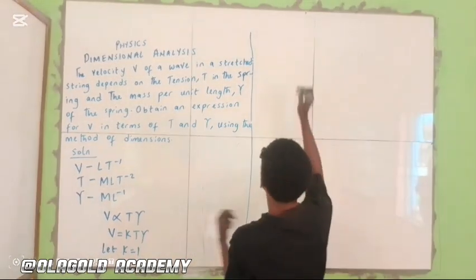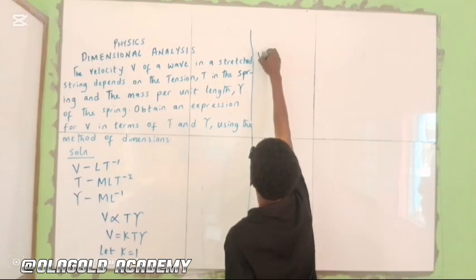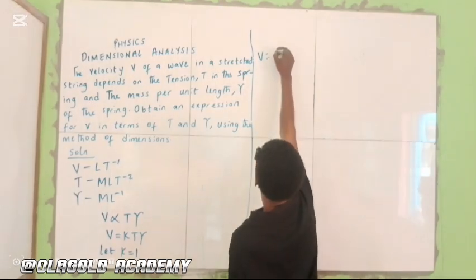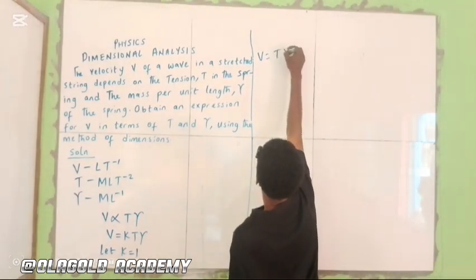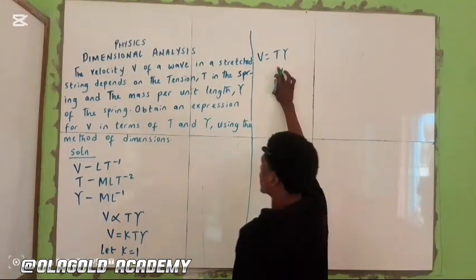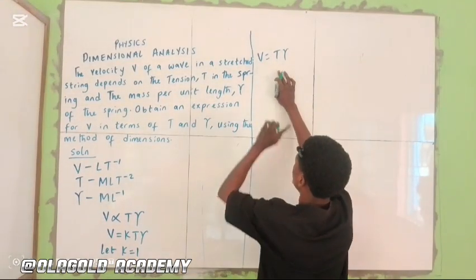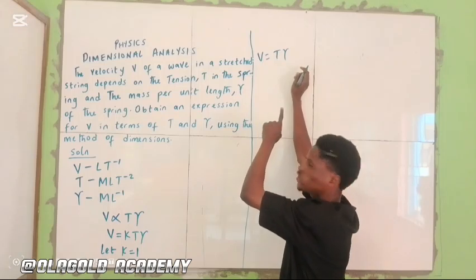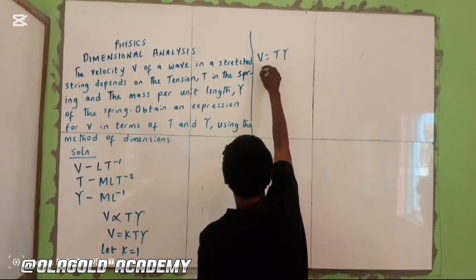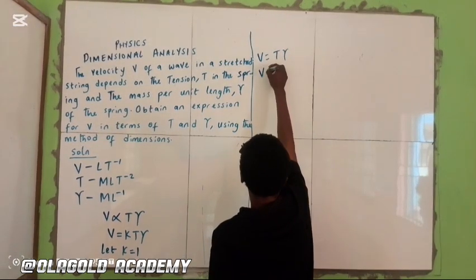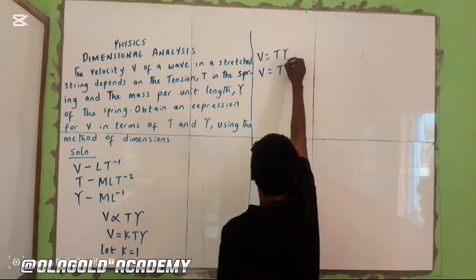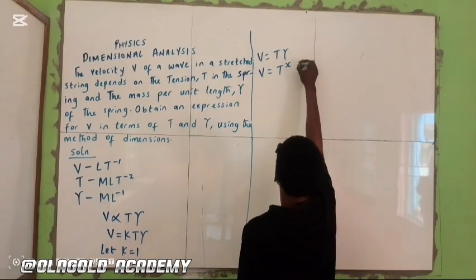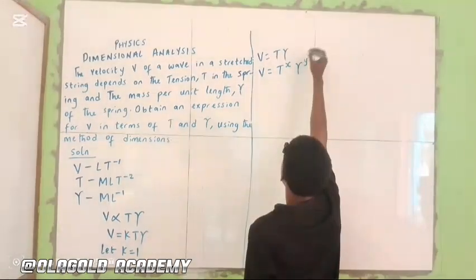Okay, so now I have V equal to T, which is tension, times gamma, which is mass per unit length. The next step, like I said earlier, is to introduce superscripts. So we're going to have V equal to T raised to the power of x and gamma raised to the power of y.